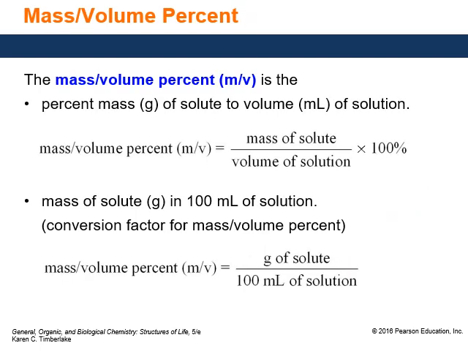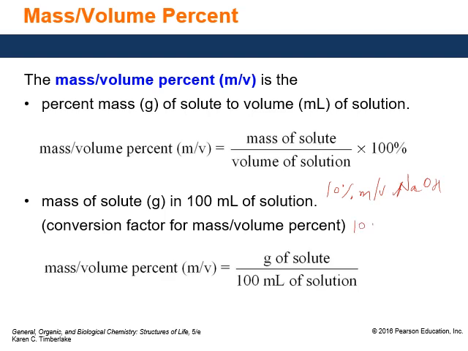Okay, last is mass over volume percentage. So here it is mass of the solute, mass over volume, right? So mass of the solute over volume of solution times 100. In this case, this is a little tricky. Or not really, if I say you have 10% mass over volume of a solute of NaOH solution, then how can we convert this into a conversion factor?